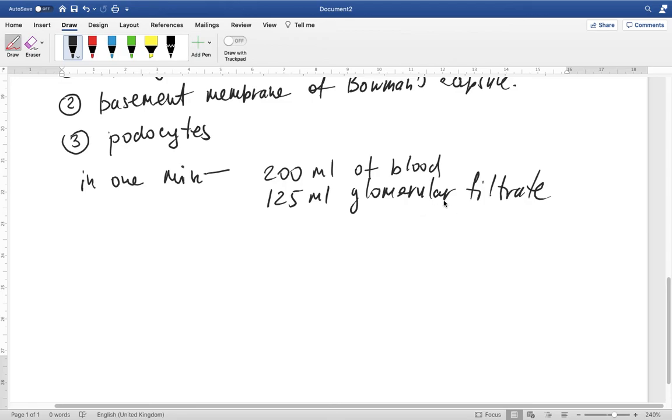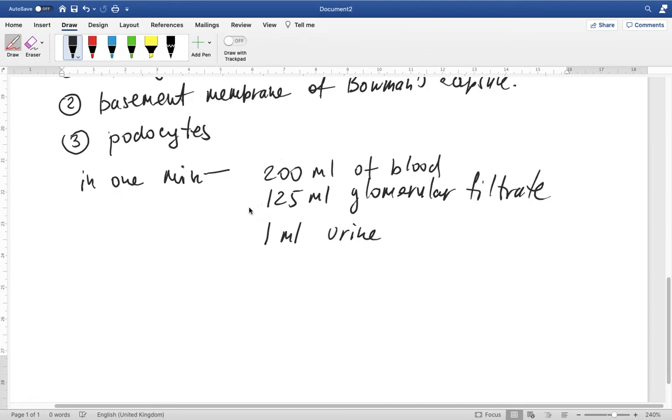And your whole life would be just dedicated to that, which luckily is not the case. So you can see that the absolute majority of that filtrate is going to be reabsorbed back into your bloodstream. So only round about 1 milliliter of that glomerular filtrate is going to turn into urine.